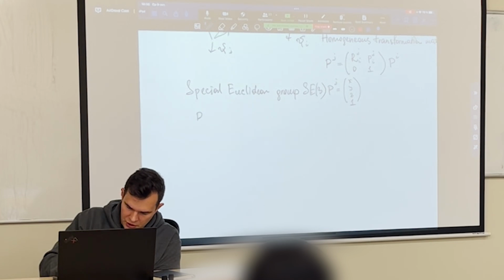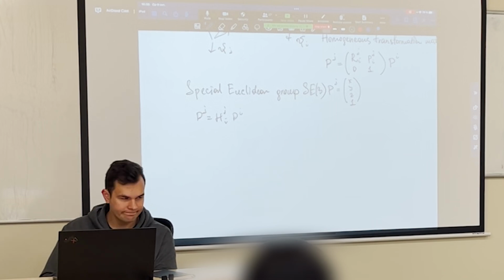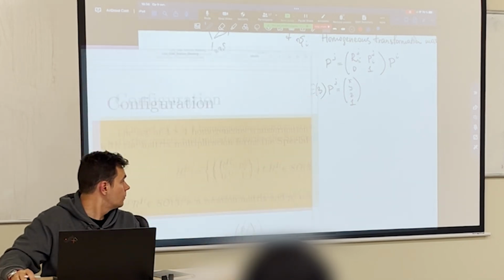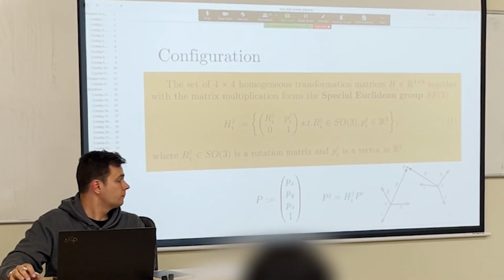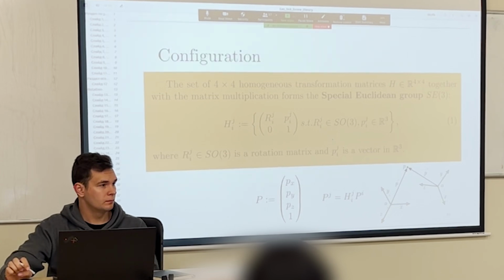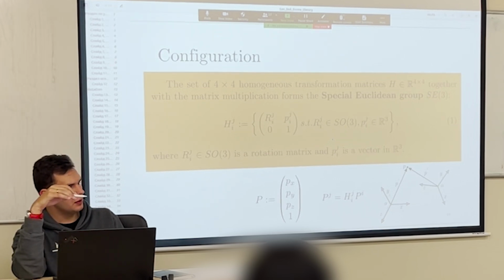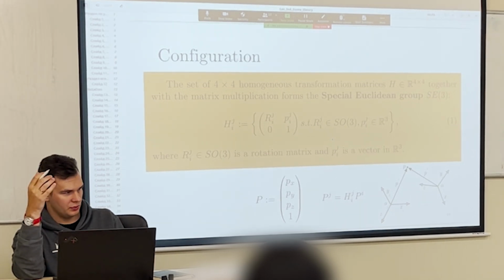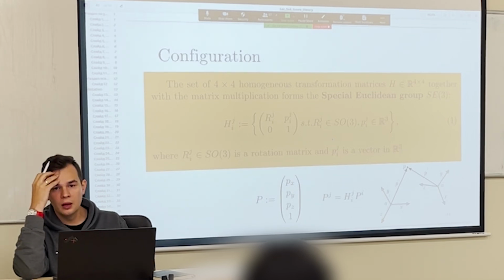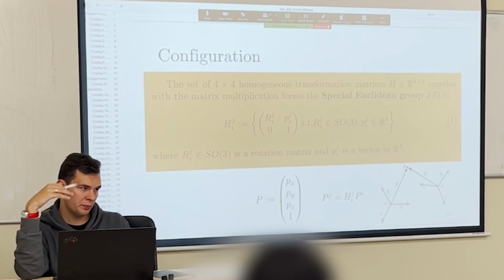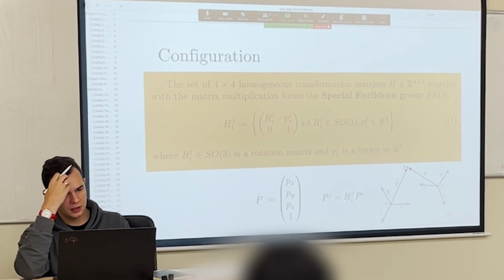So Pj equals Hji Pi. The inverse of H doesn't equal H transpose. It doesn't have this beautiful property as for the rotation matrix. It is different. It is not complex, but it is different, and you can compute it.